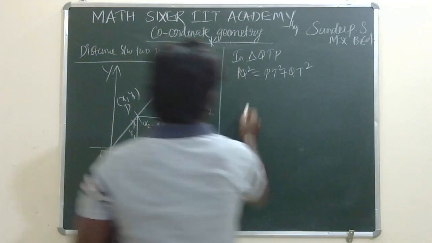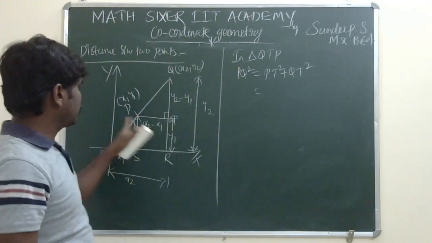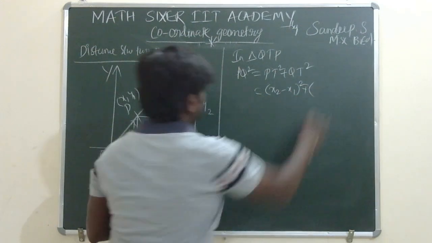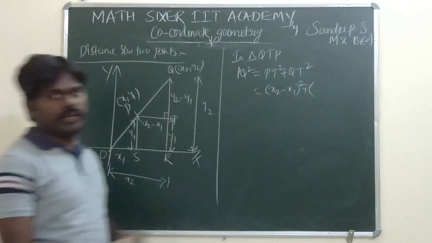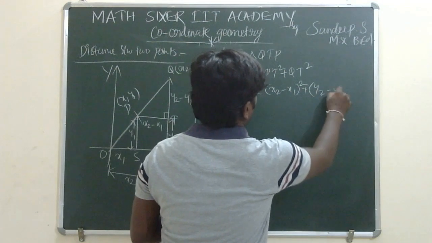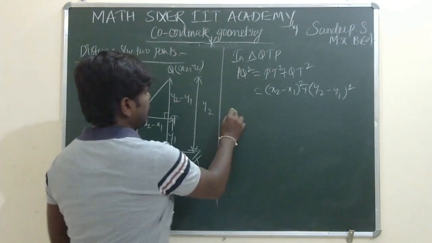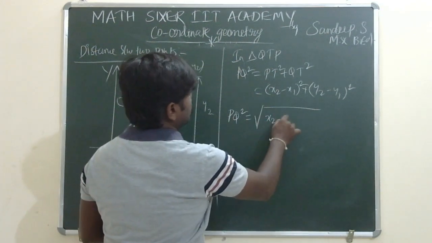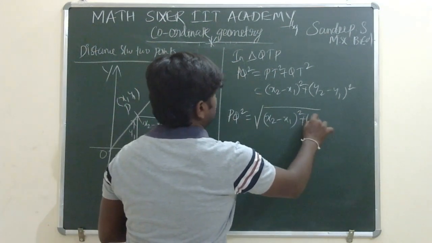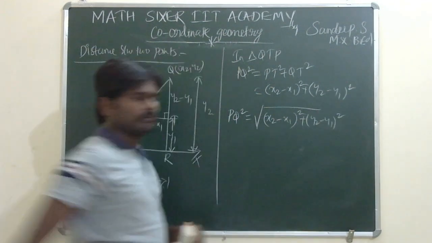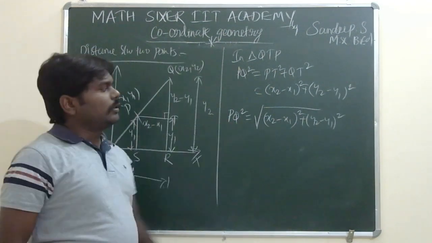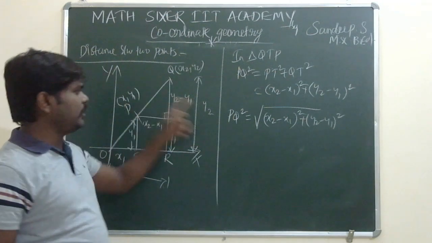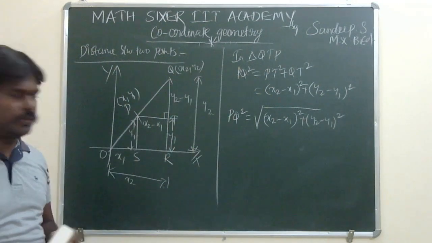PT means x2 minus x1 whole square, plus QT, which is y2 minus y1, whole square. So PQ is equal to the square root of (x2 minus x1) whole square plus (y2 minus y1) whole square. This is the formula to find the distance between 2 points where P is (x1, y1) and Q is (x2, y2).